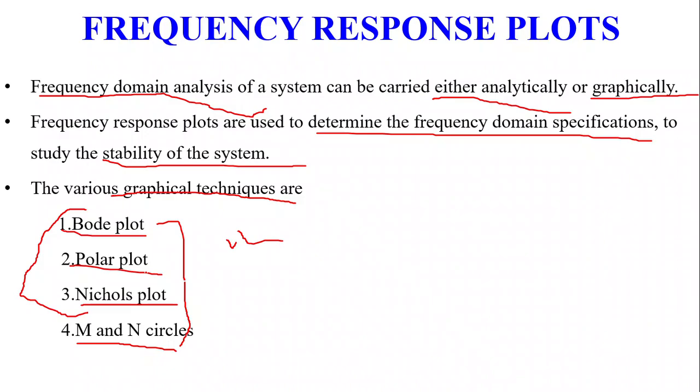From this open loop response plot, the performance and specifications of closed loop systems are estimated. The last ones, M and N circles and the Nichols chart, are used to graphically determine the frequency response of the closed loop system from the knowledge of the open loop system.